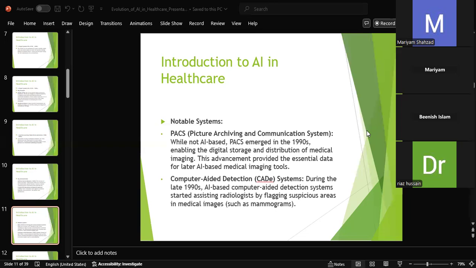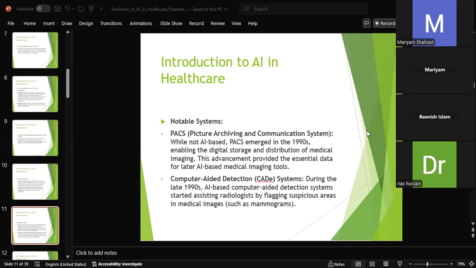Where were these CAD systems used? We can see this in examples. Mammography was basically used. It highlighted potential breast cancer lesions, helping the radiologist focus on the areas of interest.